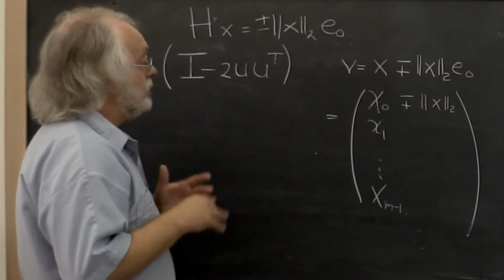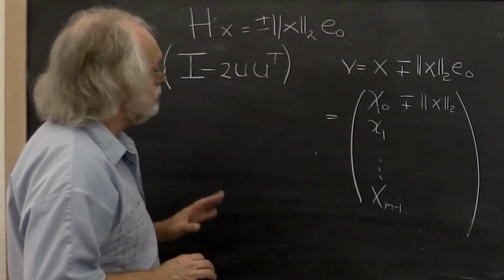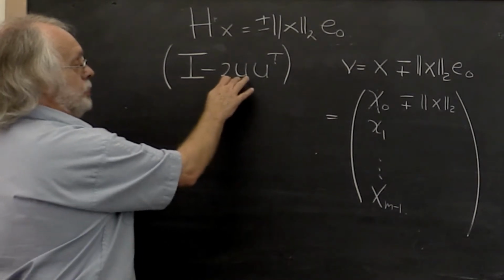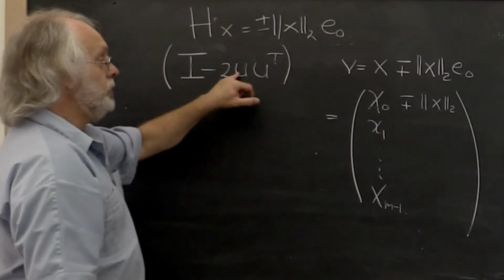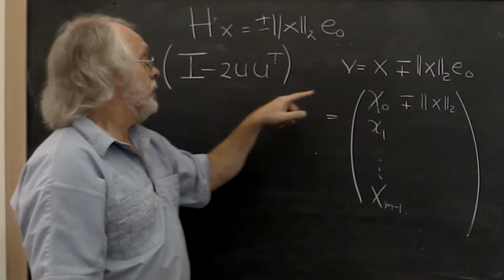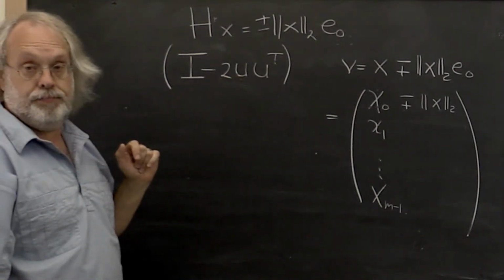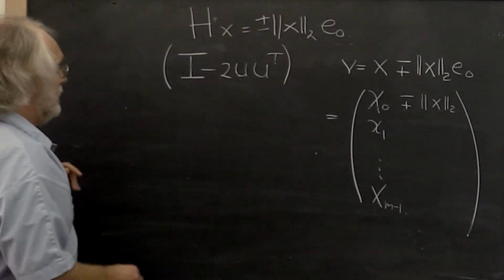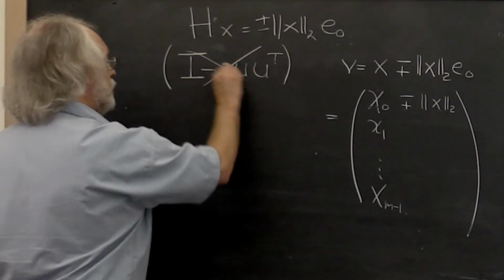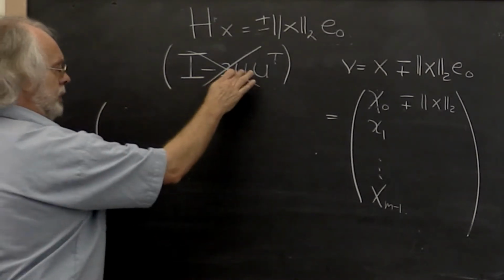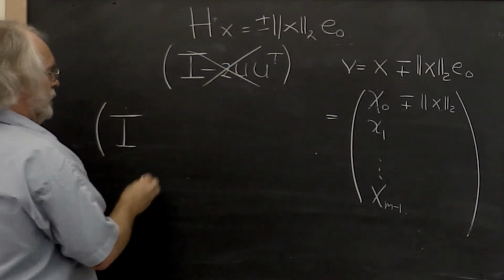Alright, now there's a second detail. So far we've always talked about I minus 2 u u transpose, where u is computed from v by taking its norm and dividing by that. Now, alternatively, you could say, let's not do that. Let's instead define our vector as any vector u.